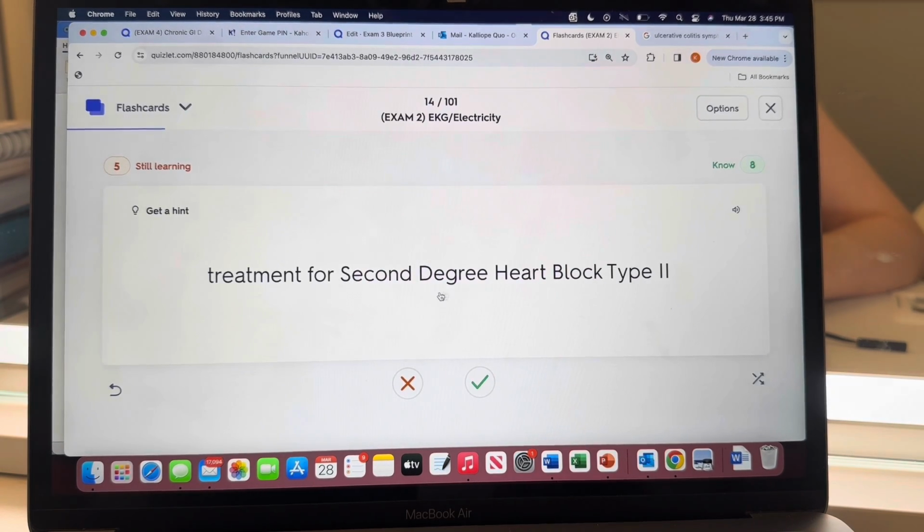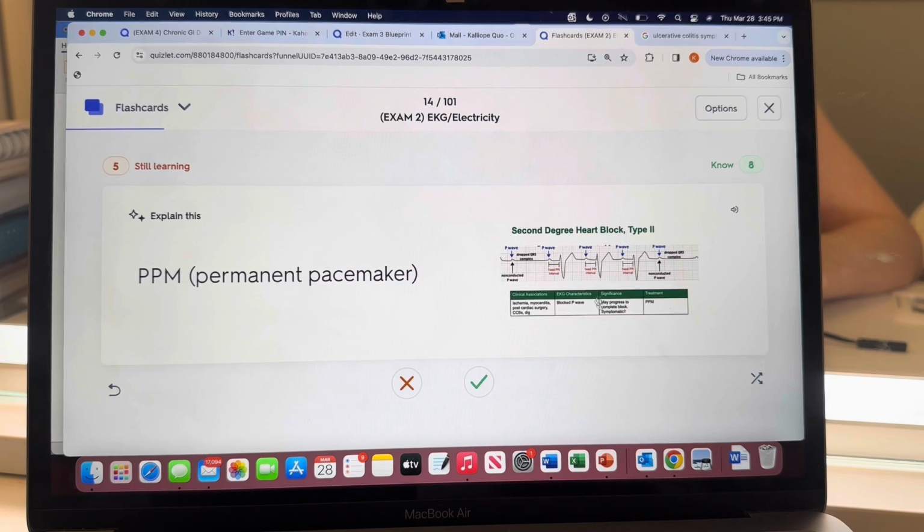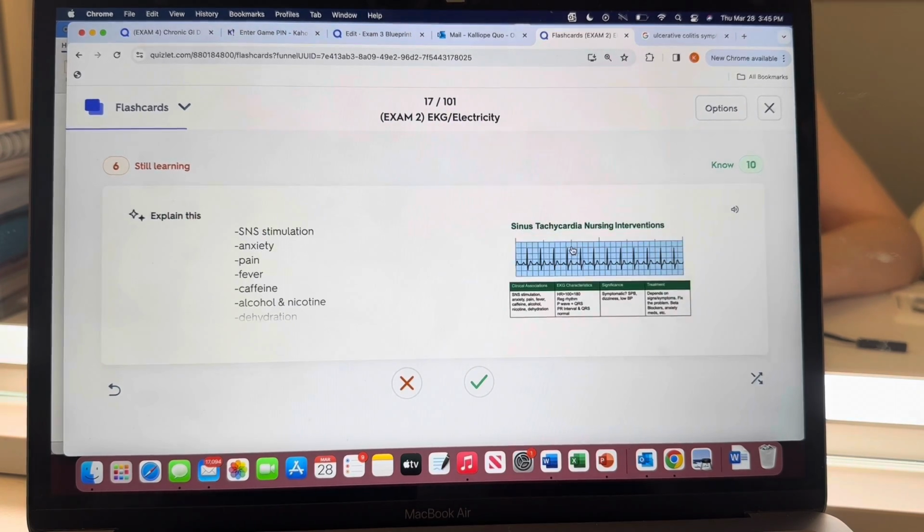Okay, so this is one of the flashcards from that set. When I'm studying, this is treatment for second-degree heart block. I have this picture here, and this can help me to remember what second-degree heart block type 2 looks like. And so it can be really helpful to have these pictures here. I'll show you guys another one. Okay, sinus tachycardia.